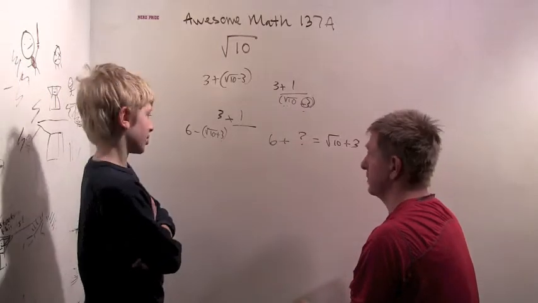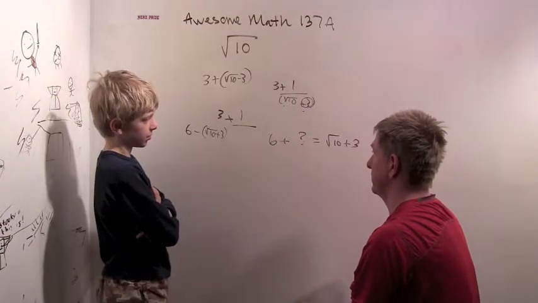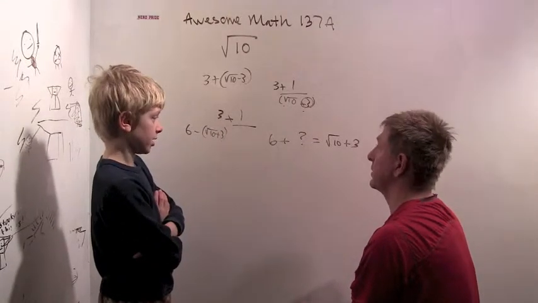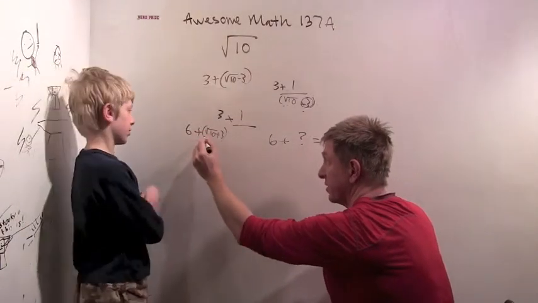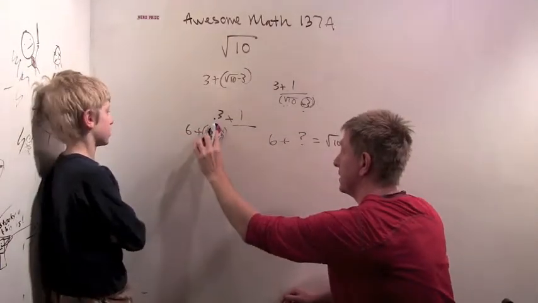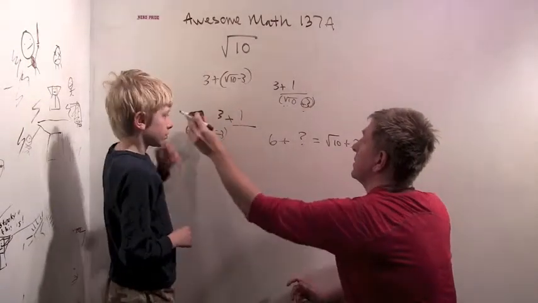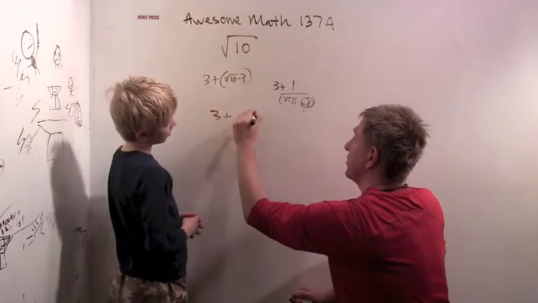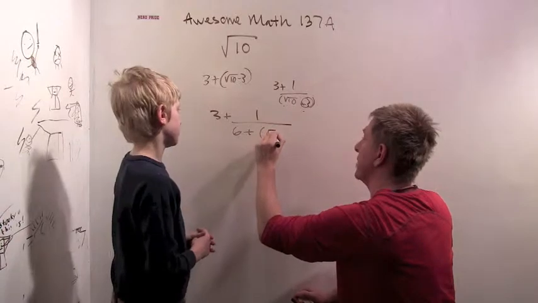So it's 6 plus the square root of 10 minus 3. So this is 3 plus 1 over 6 plus the square root of 10 minus 3.